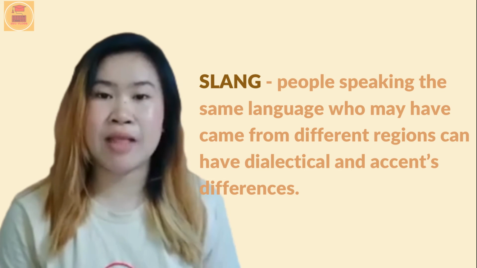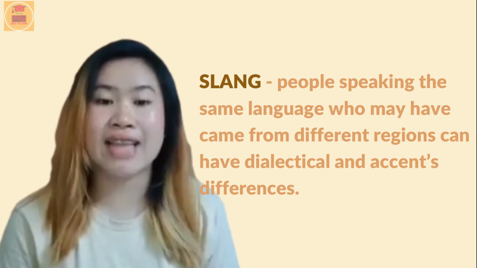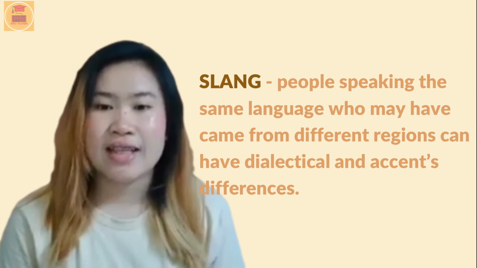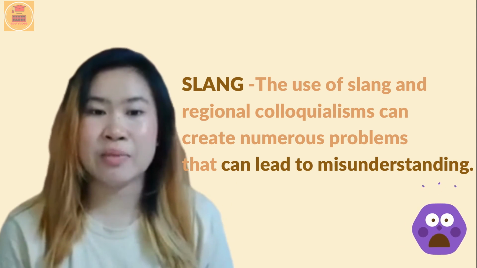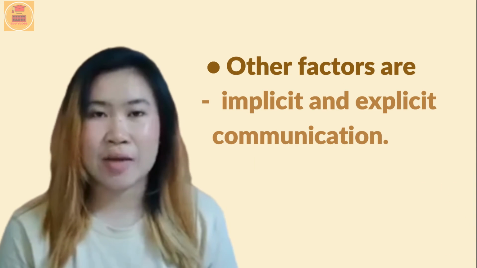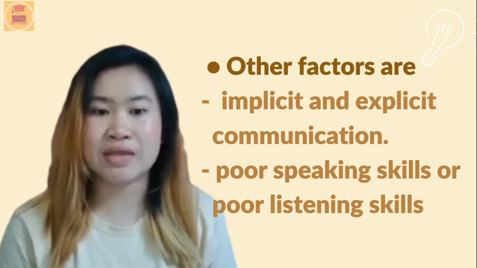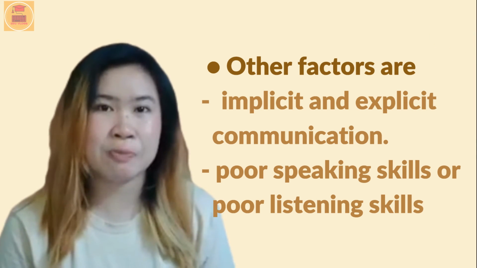People speaking the same language who may have come from different regions could have dialectal and accent differences. The use of slang and regional colloquialisms can create numerous problems that can lead to misunderstanding. Some other inclusions are also implicit versus explicit communication and poor listening and speaking skills.